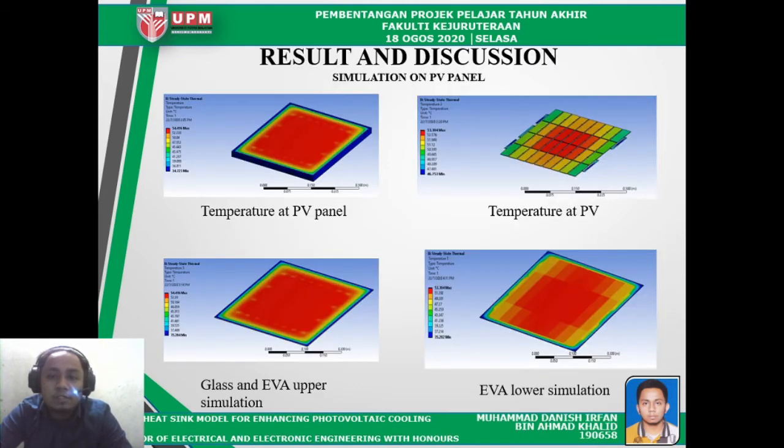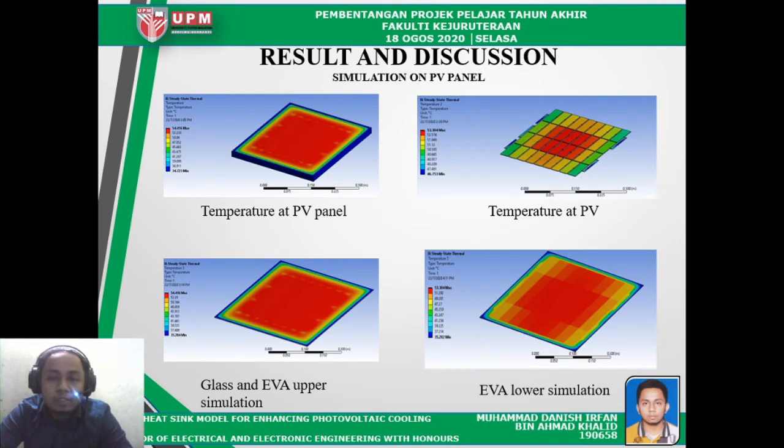So basically, this is the result from my simulation, where I used the simulation on the PV panel. As you can see, the initial temperature at the PV panel is 34.416 degrees Celsius.